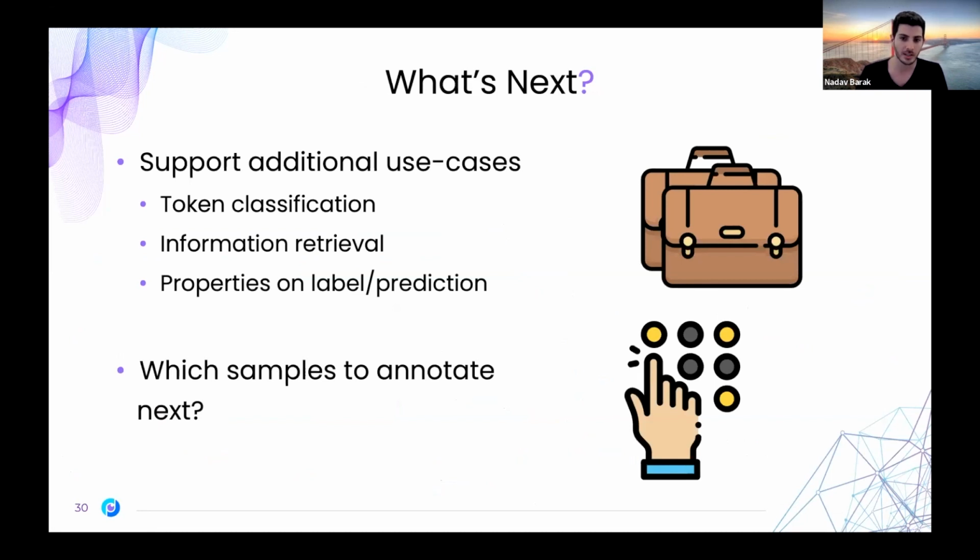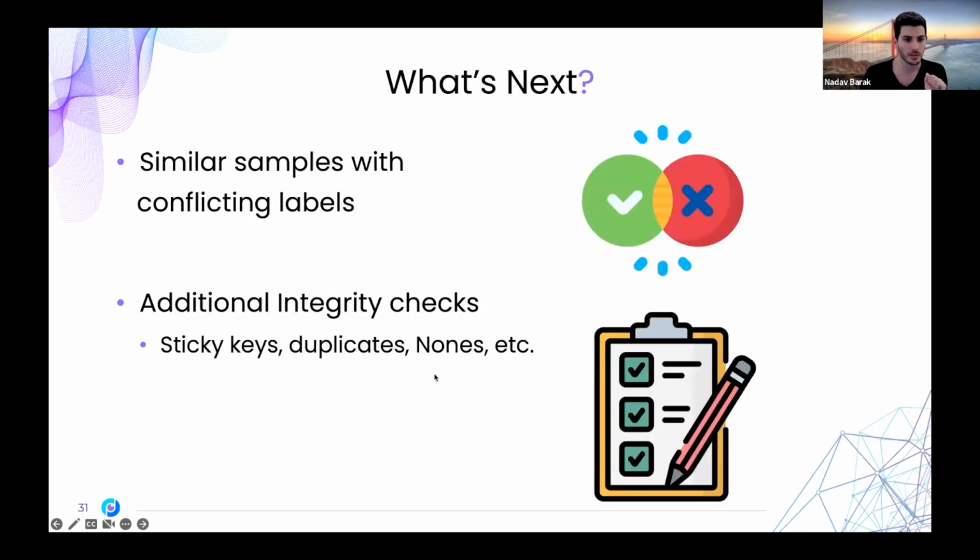We know annotation is a really big issue when it comes to NLP tasks, specifically in generative NLP. And we are planning to launch a check that, given the already annotated data, can recommend which one of the remaining data elements you should annotate next.